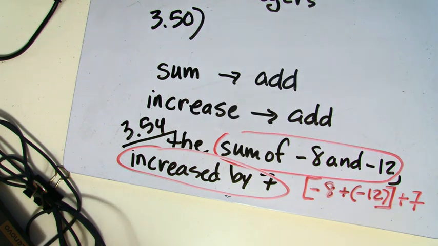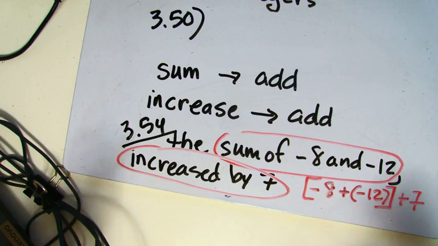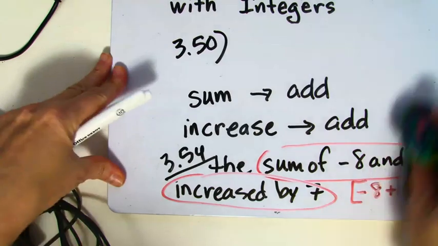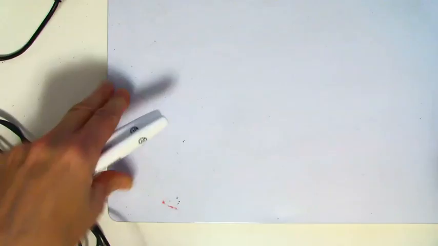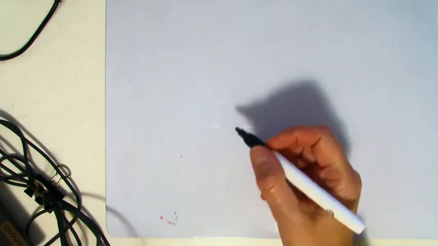Okay, the last thing I want to focus on briefly is some word problems. These are application problems. I am going to give you a couple of application problems to solve.